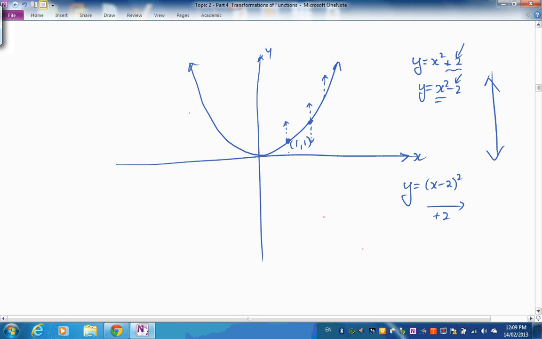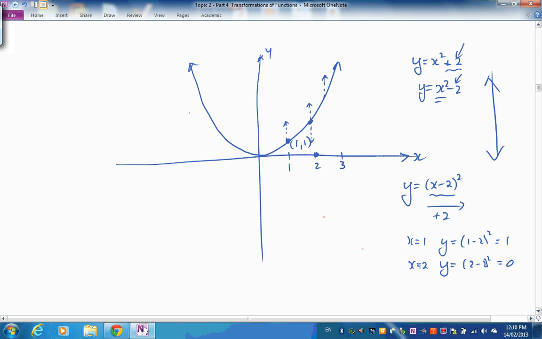Now if we take x as 1 and put it in y equals x take 2 squared, it's 1 take 2 all squared, which is still 1. If we put in x is 2, y will be 2 take 2 squared, which is 0. So 1 is still 1, but when we put in x is 2, the y is 0.